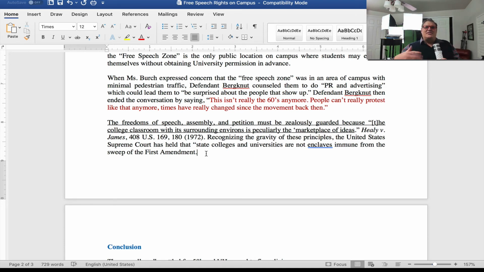It's the marketplace of ideas, hashing it out in a civil manner, but sometimes protest, as you can see, is pretty ugly sometimes. At any rate, recognizing the gravity of these principles, the United States Supreme Court has held that state colleges and universities are not enclaves immune from the sweep of the First Amendment. Great language. I love that.